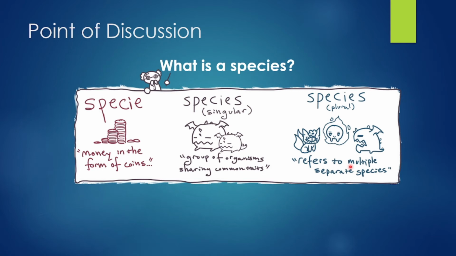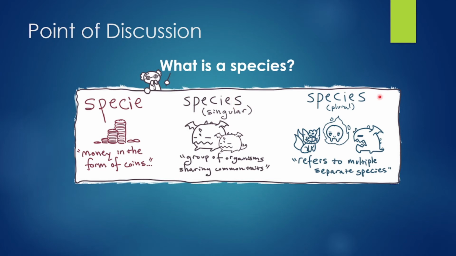So what is a species? A specie is money in the form of coins. The singular of species is still species. It is a group of organisms sharing common traits.